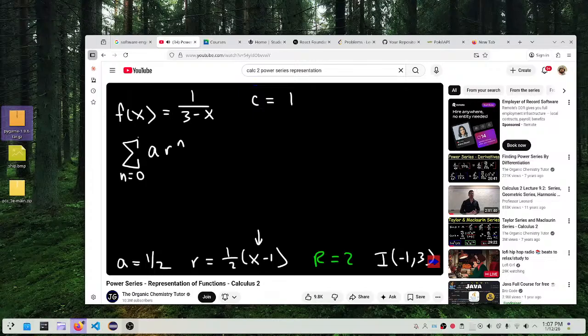Right now this is the geometric series, but once we replace r with x, then it becomes a geometric power series.